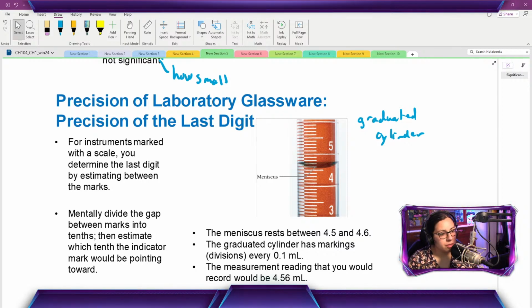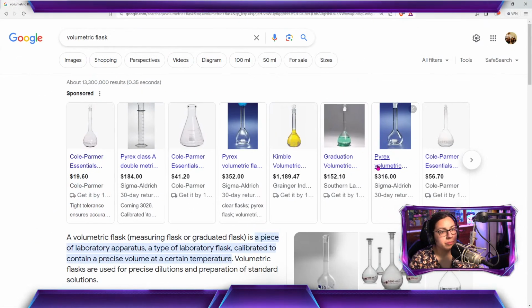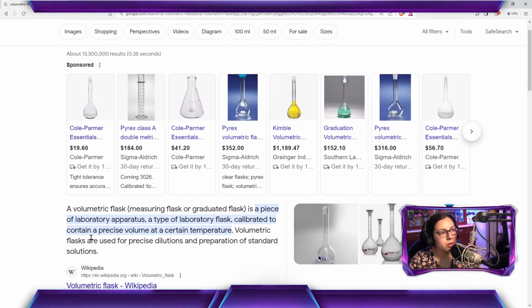But then there's other different equipment as well. So for example, this is a volumetric flask. This would be used in analytical chemistry if you want it to be extremely precise. And notice what the little summary says, that it is calibrated to contain a precise volume at a certain temperature.